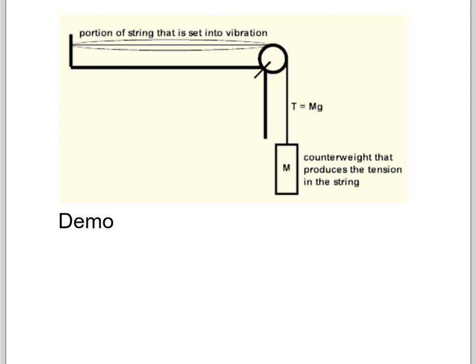So you can control the tension of the string by adding more masses. You can calculate the linear density by measuring the length of the string, putting it on a scale, and dividing the two, and then you'll hear different values. So if I get a chance, I will try and show that. I don't know if I'll be able to film it. It's very quiet, so it's hard to show.